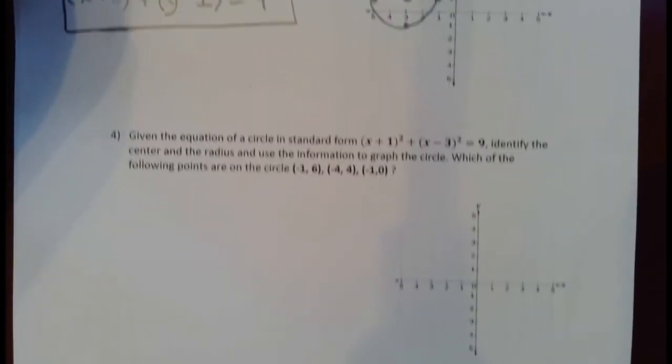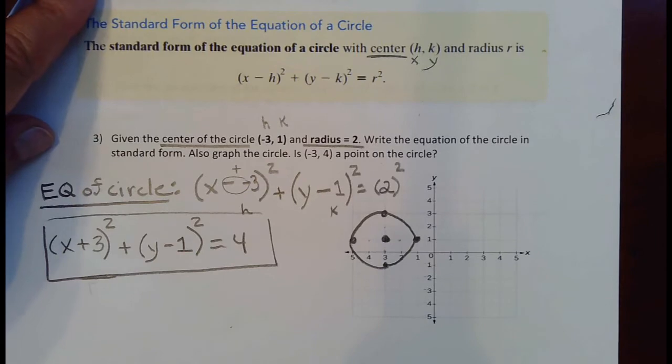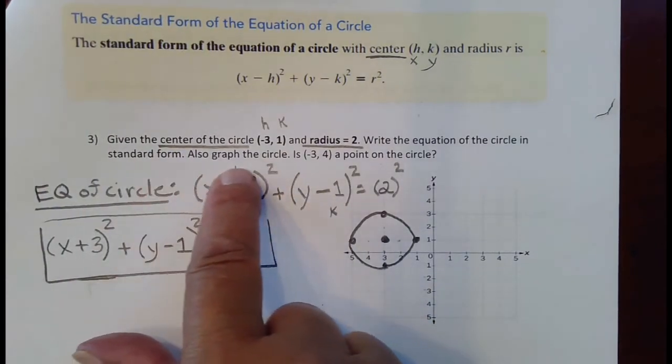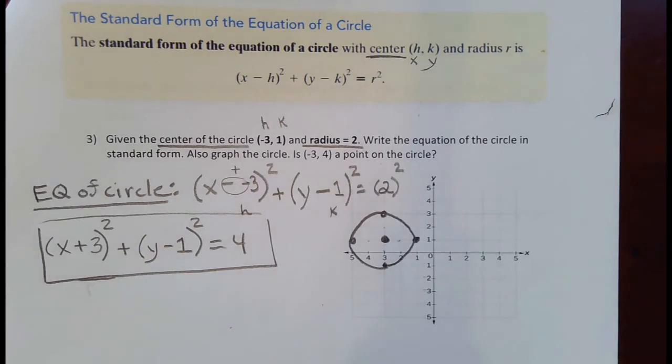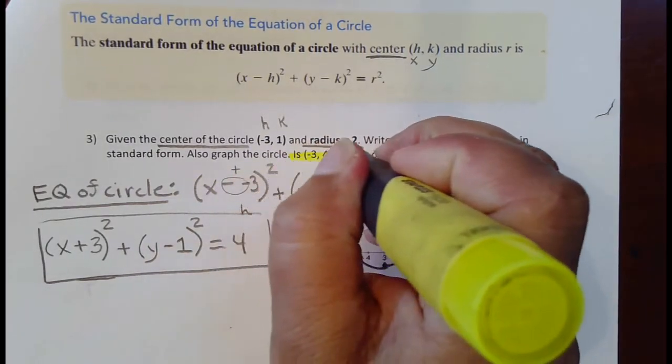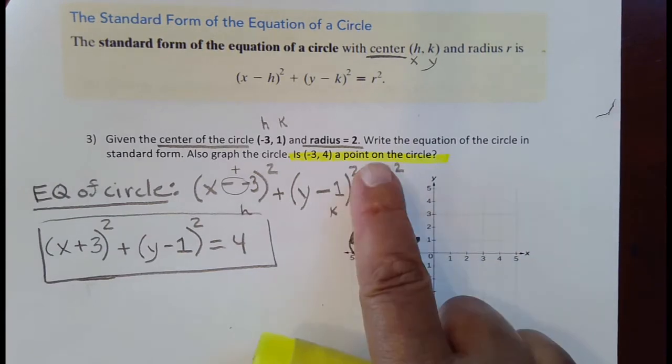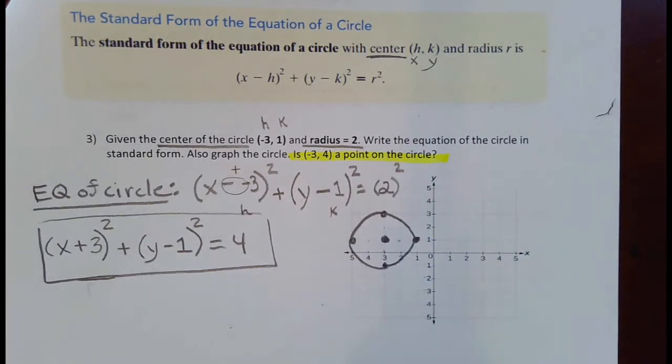So let's go to -3, and then we went up to 1, 2, 3, 4. Do you see that we would not be on the circle? So is this a point on the circle? No. So we've answered everything there.